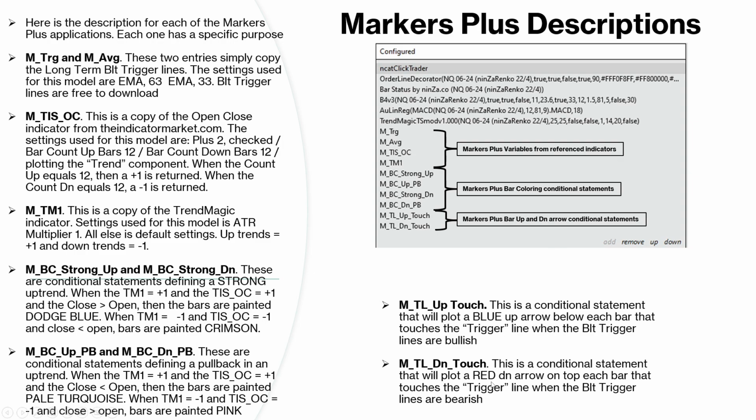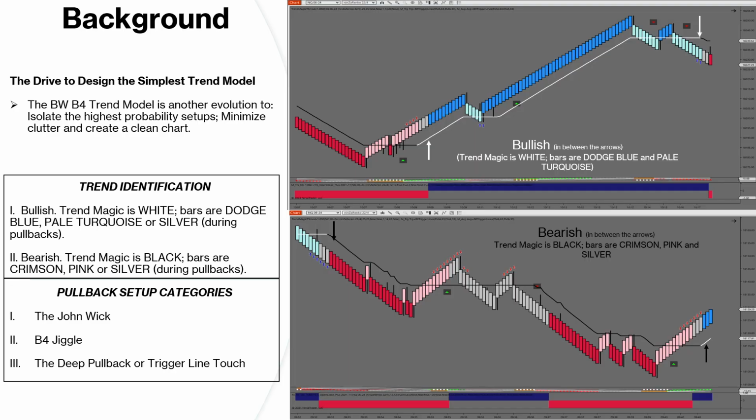And the opposite for when the red arrows are printed: trigger lines are in a bearish mode, and the high will be touching or higher than the trigger line. All right, you'll see this in just a second here. But anyway, this is the verbiage to make this work.